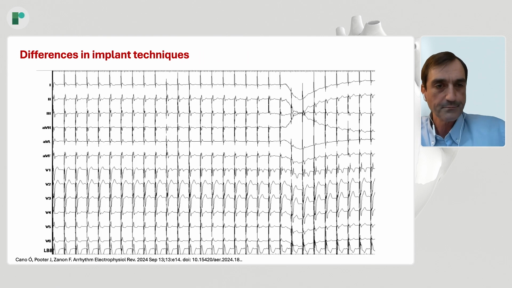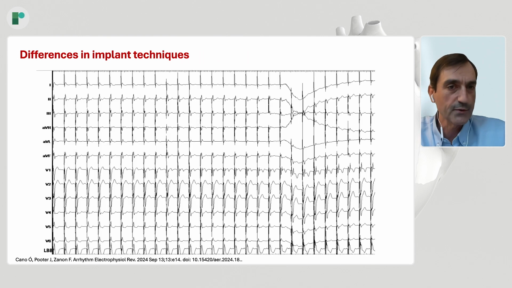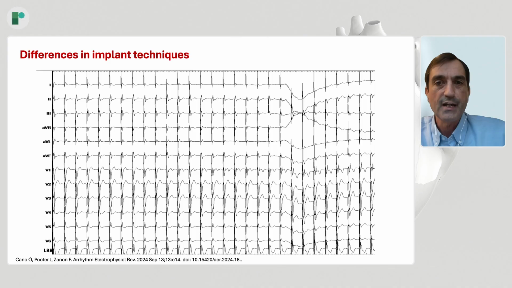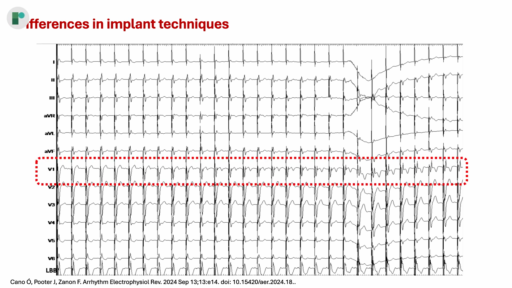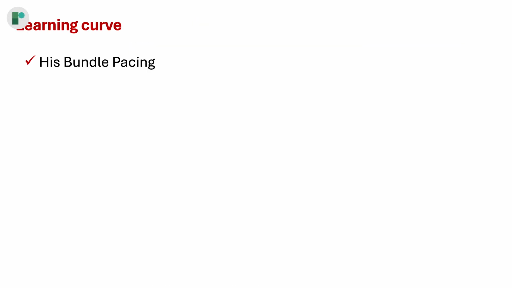This is an example of continuous pacing with a stylet-driven lead while deploying the lead in the septum. We can continuously monitor the changes in the QRS morphology during lead deployment, from deep septal pacing on the left side of the slide towards LV septal pacing in the middle of the panel.